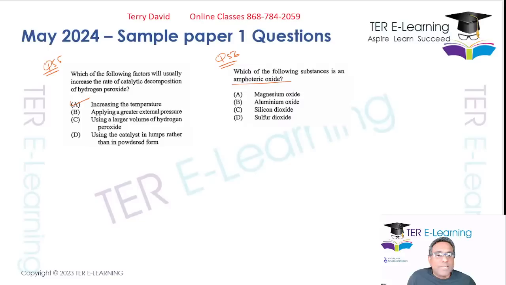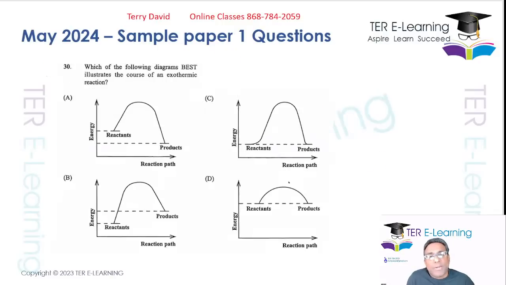People are saying the answer is B. Yeah, it is aluminum oxide. There are 3 amphoteric oxides that we need to know about: zinc oxide, lead oxide, and aluminum oxide. Meaning that they react with both acids and alkalis in order to produce a salt. That's what an amphoteric oxide is. So that's 56.